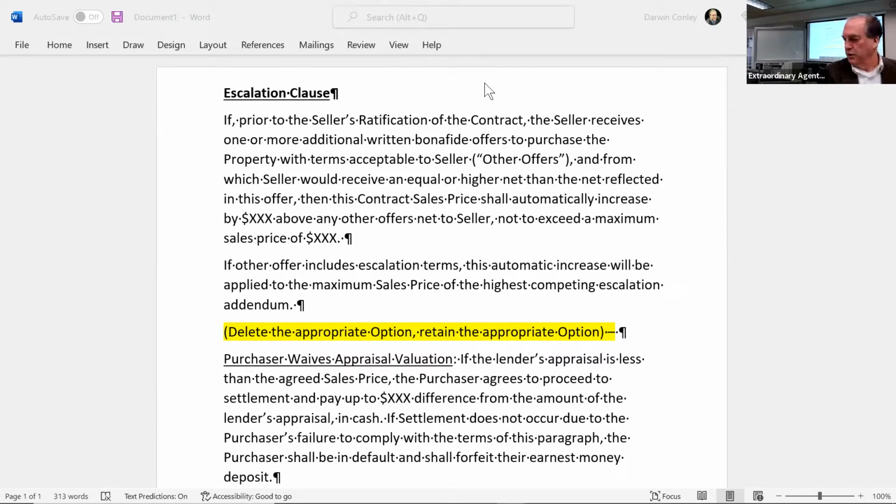Now, this is one that has been put together. It is from, I'm going to say, a compilation number of escalation clauses that I've been with, what I've seen.